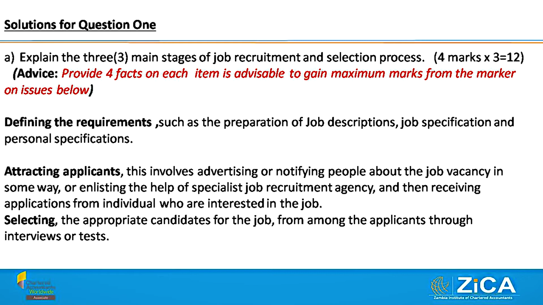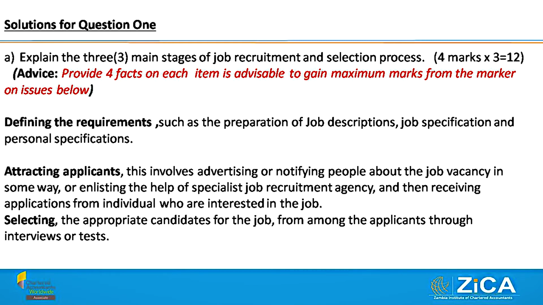1, defining the requirements, such as the preparation of job description, job specification, and personal specifications. 2, in answering the same question, attracting applicants. Those are the functions. The second one is attracting applicants.